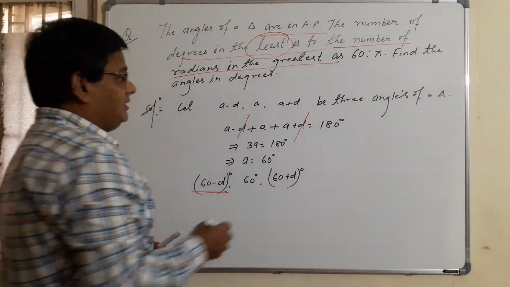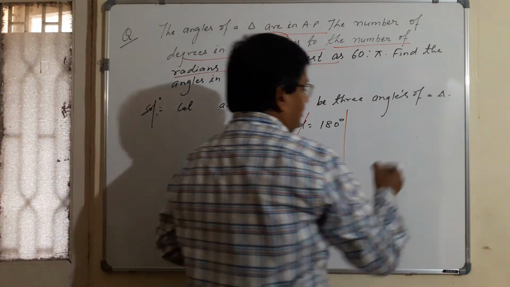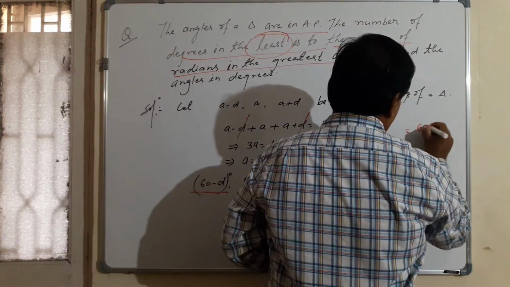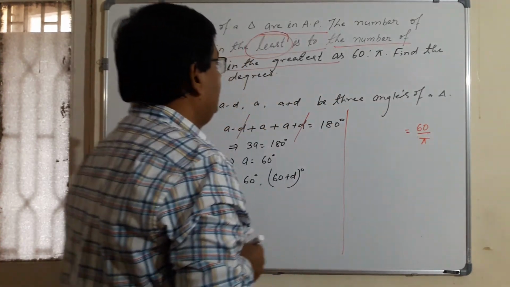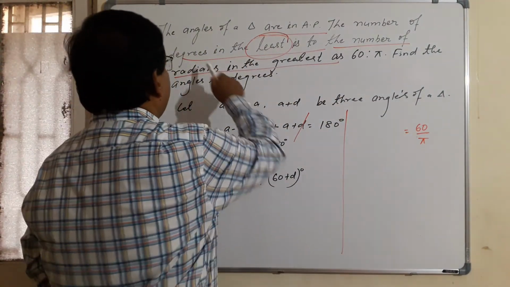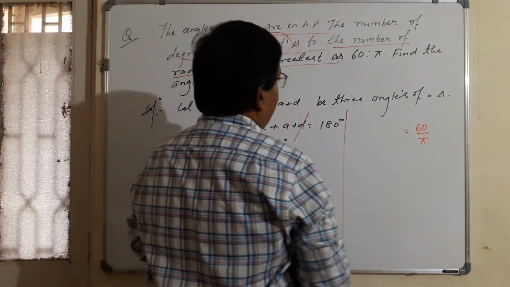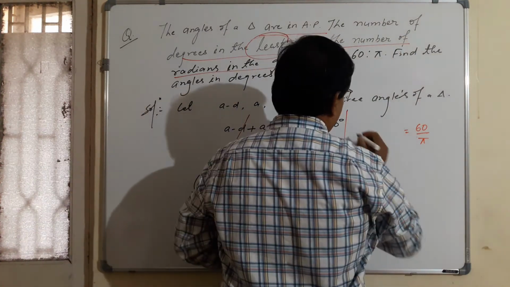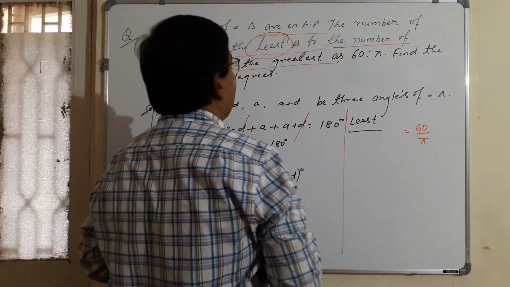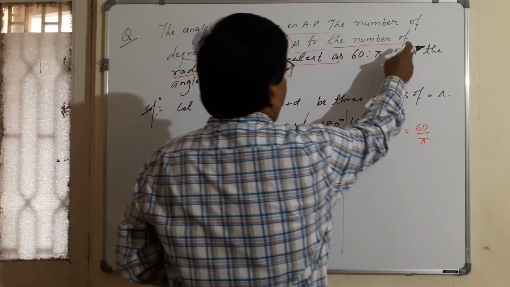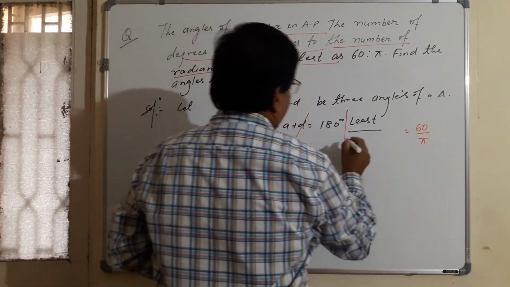So the ratio is given, 60 is to pi. So 60 by pi. The number of degrees in the least divided by the number of radians in the greatest.